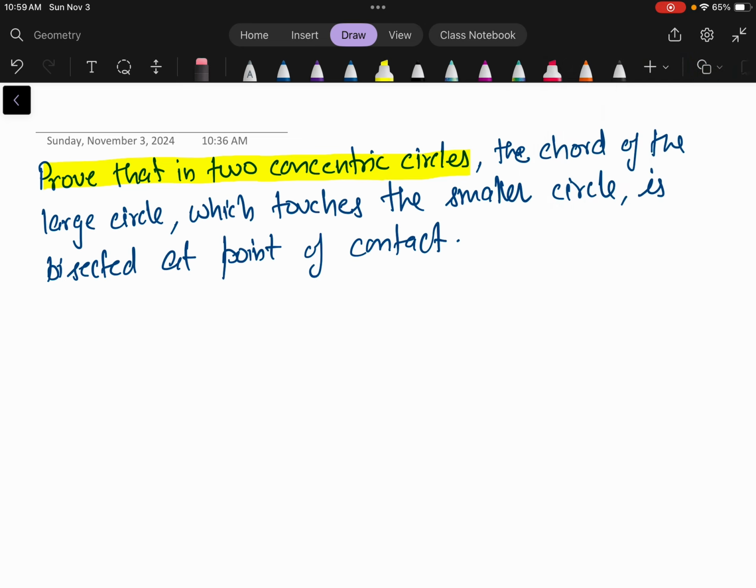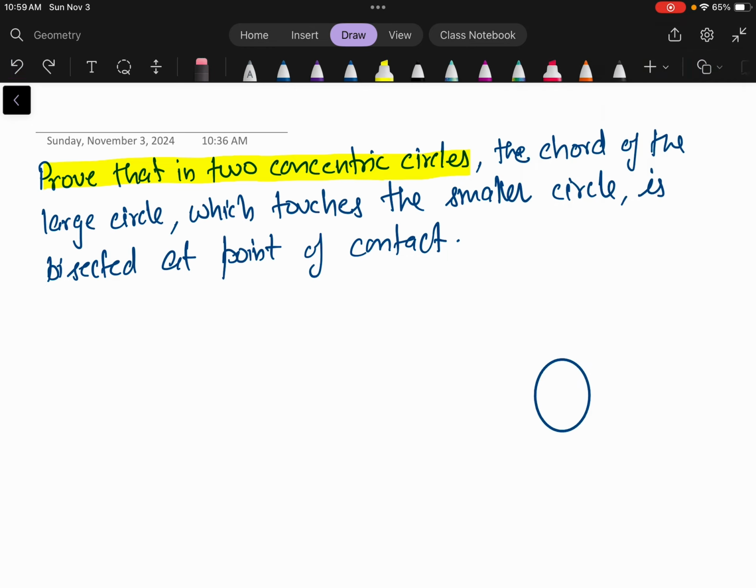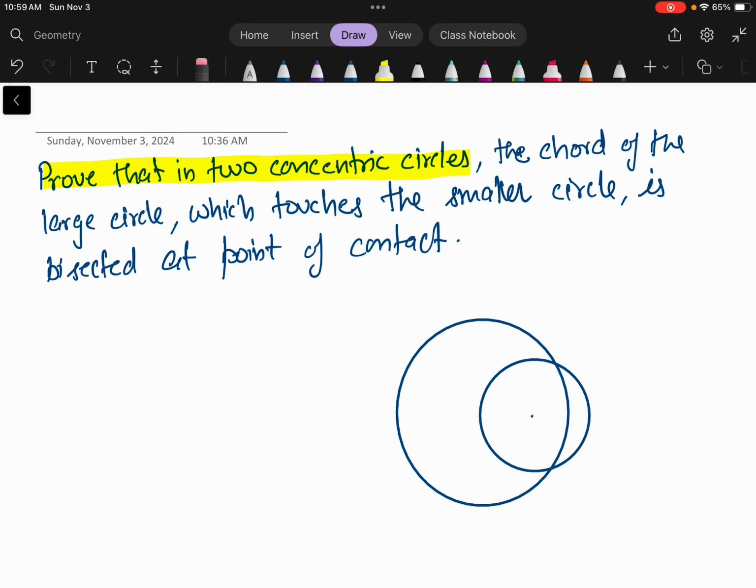Concentric means we have one circle, and the origin of this circle is this O, and there is another circle, both having the same center.